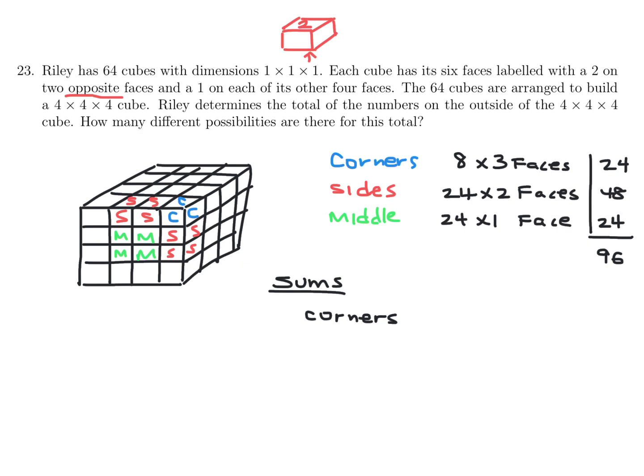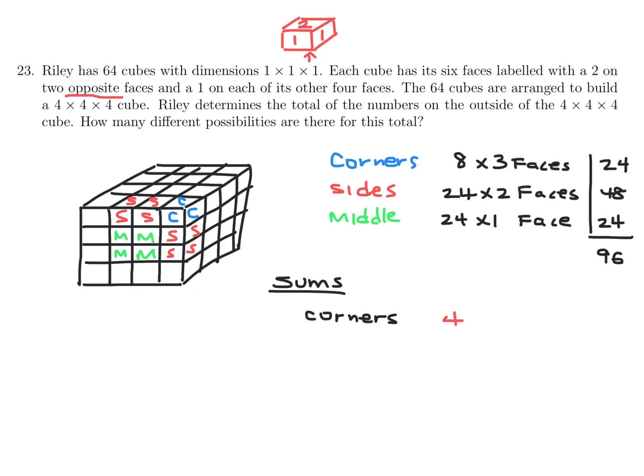So the only way that the cube could ever be made in terms of the corner faces is a 2, 1, 1 scenario. You can never have 2, 2 because the 2 is opposite. Okay, that's really important. So then the corner is always a 2, 1, 1. So the sum for the corner would be a 4.